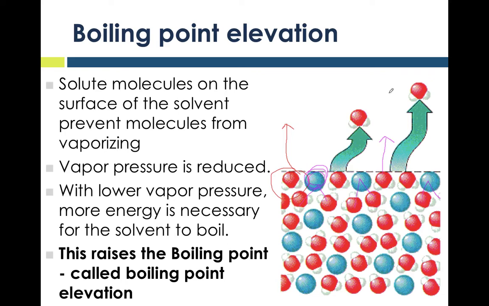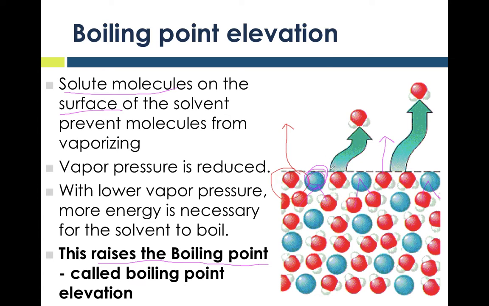So what happens is whenever you add sugar to water or salt to water, or basically dissolve anything in water, what you're doing is you are putting these solute molecules on the surface of the solution, and you're preventing the solvent molecules from vaporizing, which means that this will raise the boiling point of the liquid, because now suddenly you have to put more heat, more energy, and give these water molecules more strength to leave their hydrogen bonds and to become a vapor.